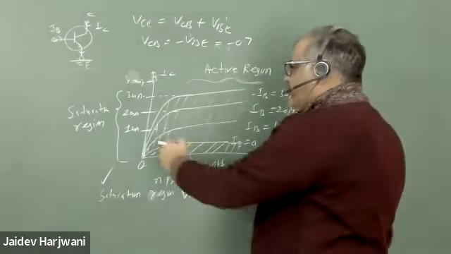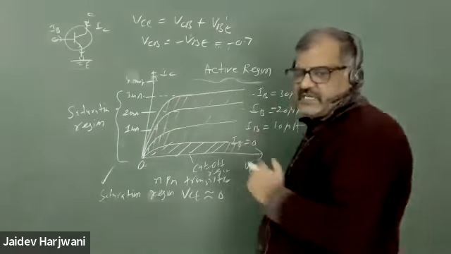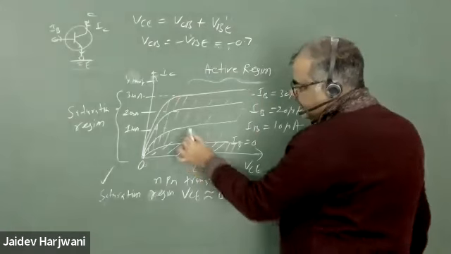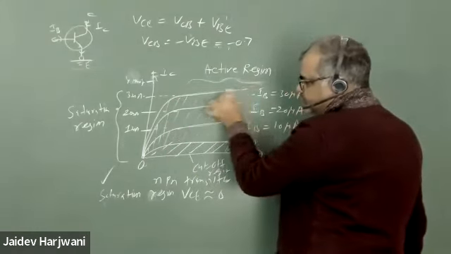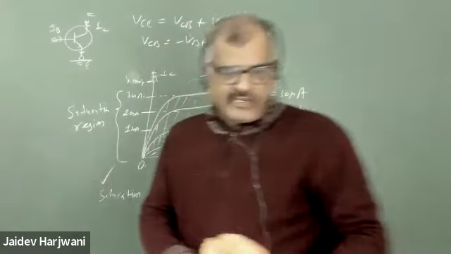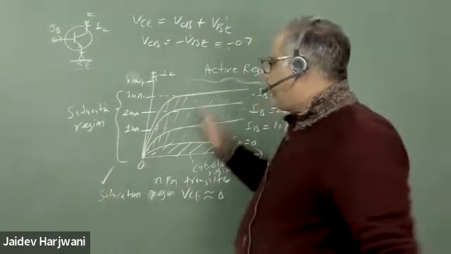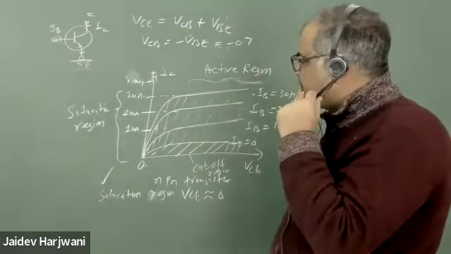In common base, they are slightly straighter, which means higher resistance. Here the slope is very small, so they also have a high resistance. Output always has high resistance, but compared to common base configuration, this one has slightly less.